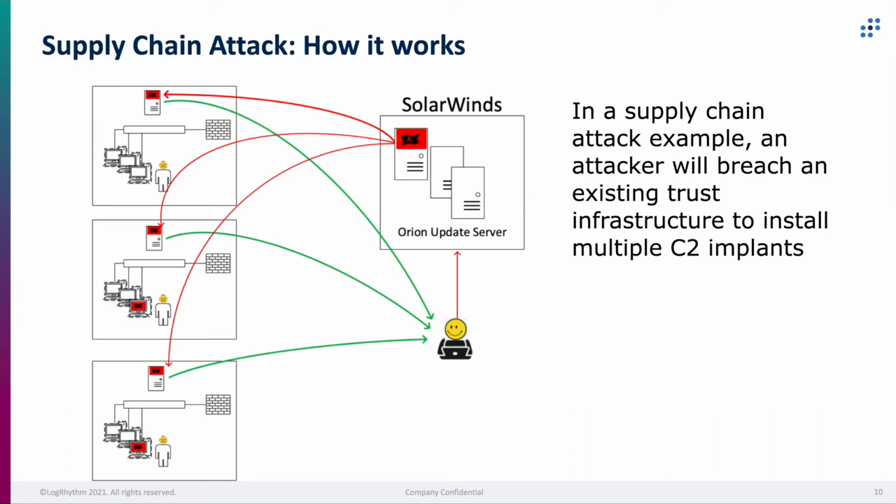Again, in a very highly simplified way, what can happen in the case of a supply chain attack is an attacker will breach an existing trust infrastructure, and then they would use that to install multiple C2 implants. So in the case of SolarWinds, what actually happened is the attacker breached the SolarWinds environment.